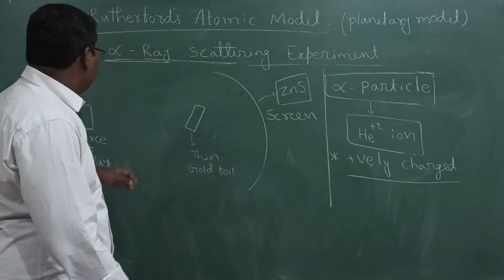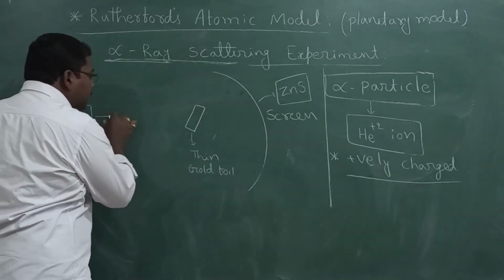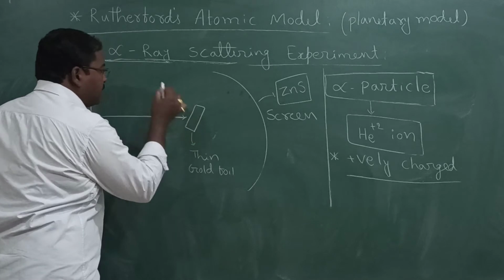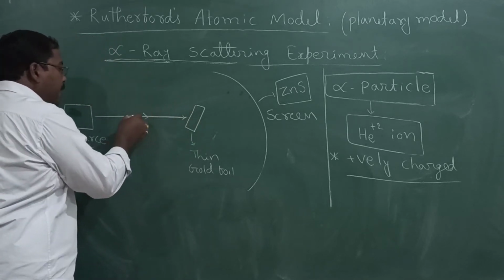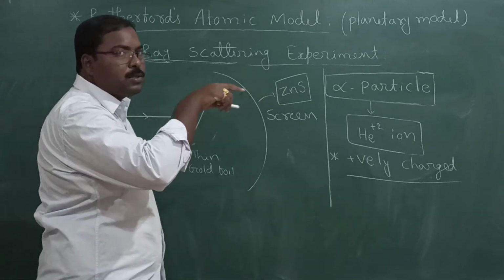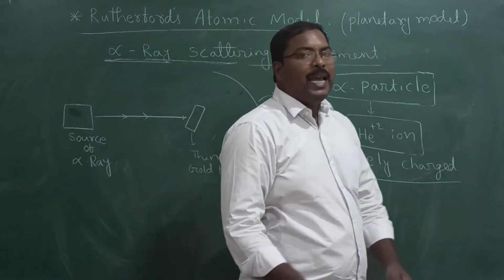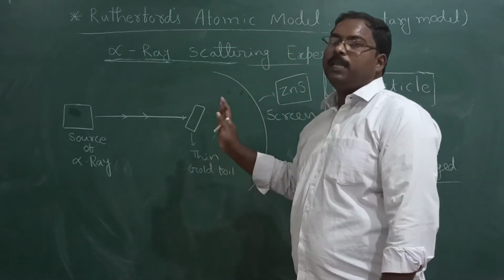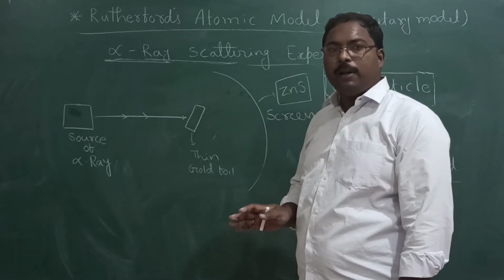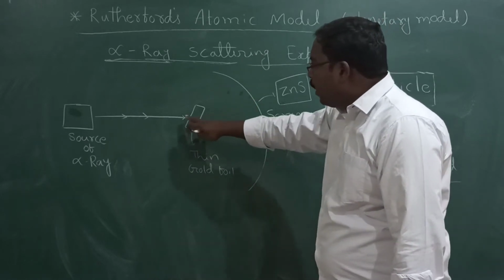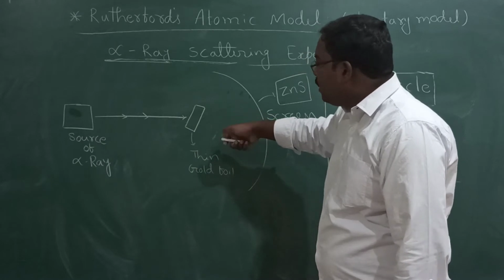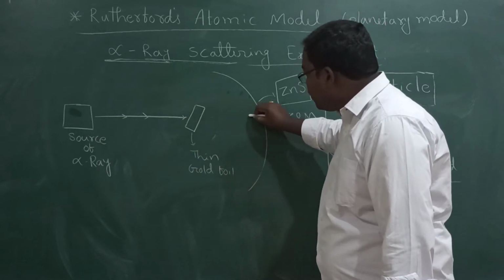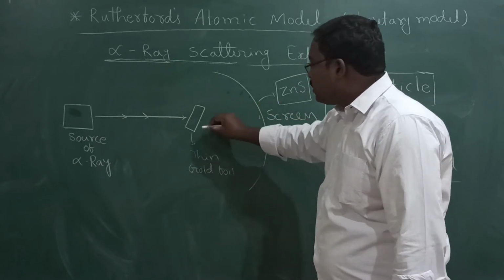Okay? So when these alpha rays were passed through this gold foil, he observed 3 types of rays from the experiment. Because whatever rays are passed, these will strike this screen.